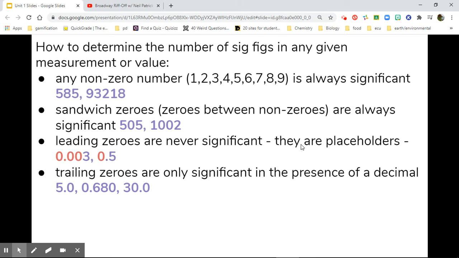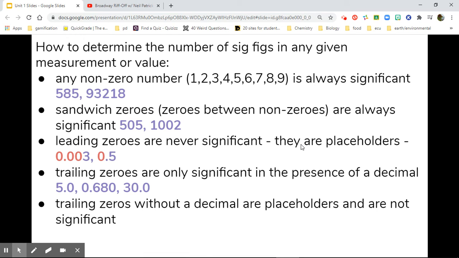So that 5.0 is significant. The 680 is significant. And the two zeros after the 3 in 30.0 are important because they tell us how accurate our number is.